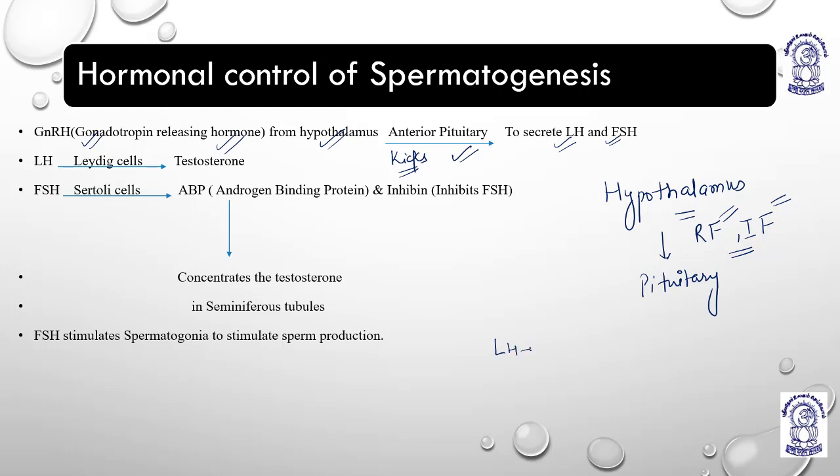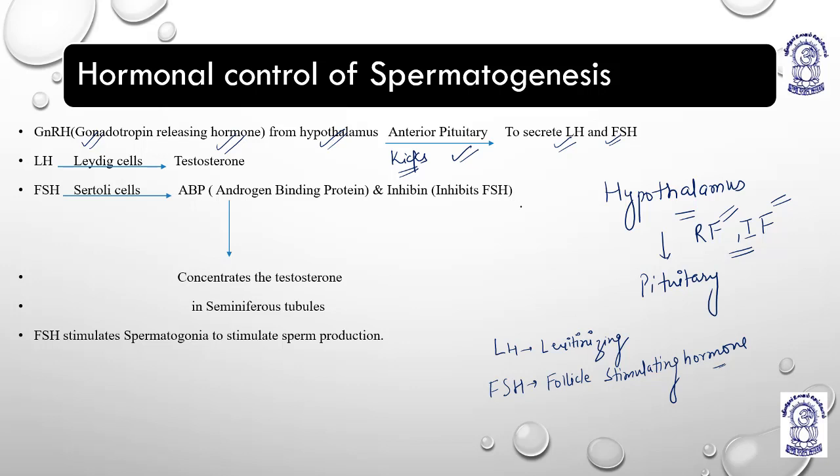LH stands for luteinizing hormone and FSH stands for follicle stimulating hormone. Right? So the hypothalamus basically kicks the anterior pituitary to secrete the luteinizing hormone and follicle stimulating hormone.